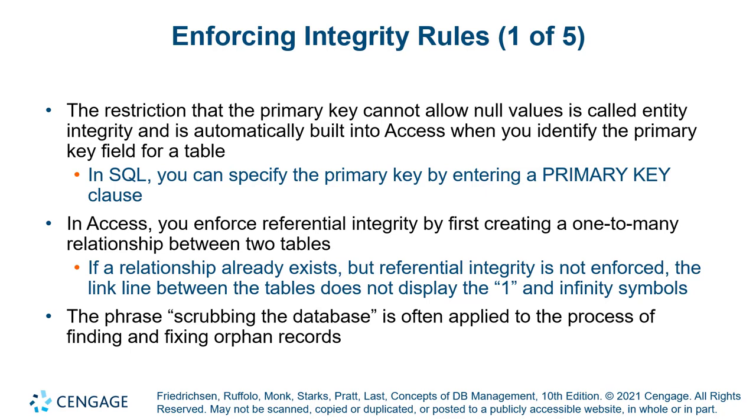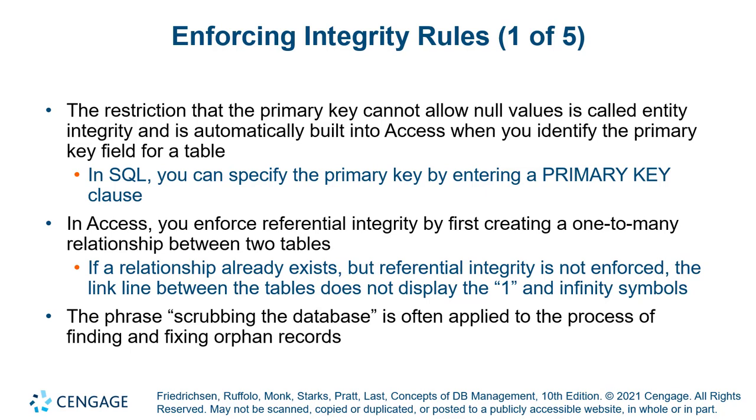By enforcing referential integrity, when we create a new project, it will not allow us to create a new project and tie it to an employee that does not exist in the employees table. That's what we mean by referential integrity.